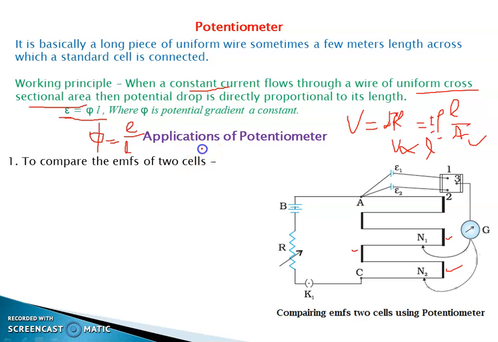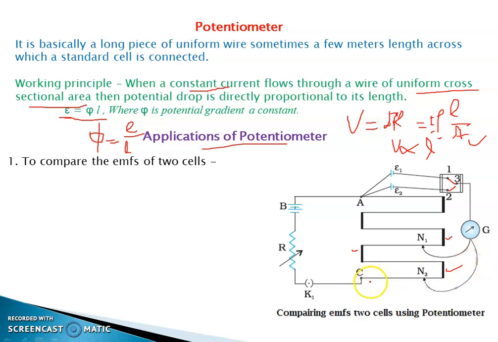Now the applications of the potentiometer. To compare the EMF of two primary cells, we connect two cells E1 and E2 with a key of three terminals. When we connect 1 and 3, the first cell is in the circuit. When we connect second with third, the second cell is in the circuit. Now here we connect the galvanometer, connected with a jockey.